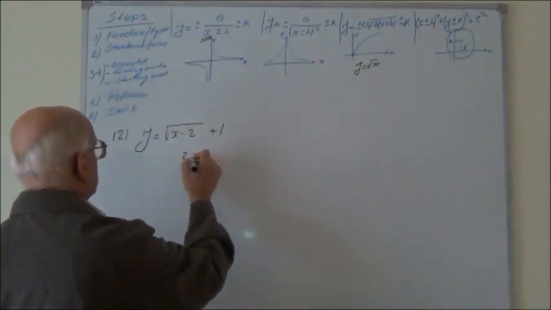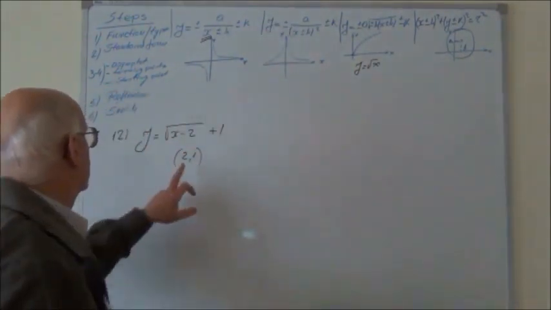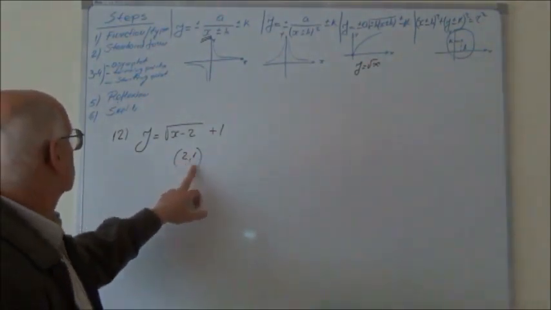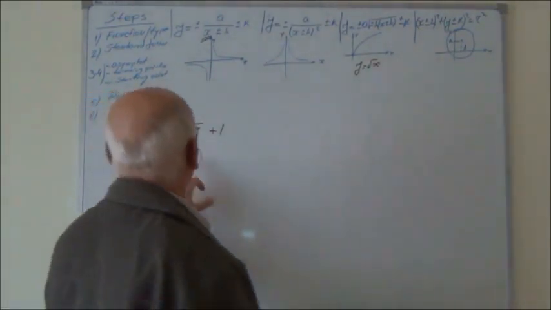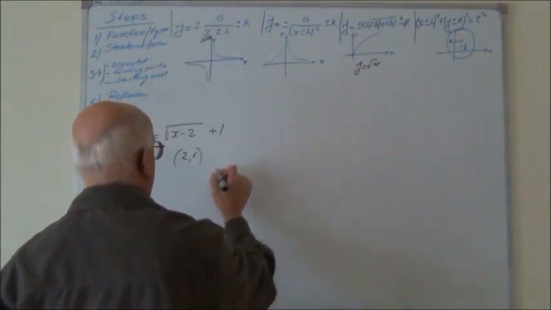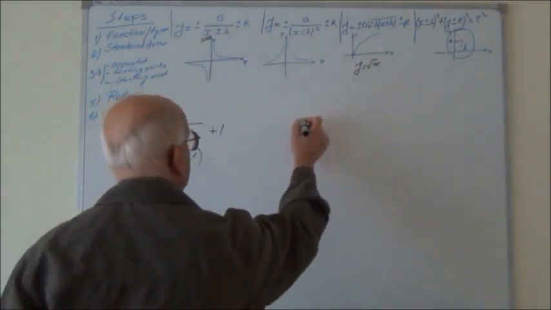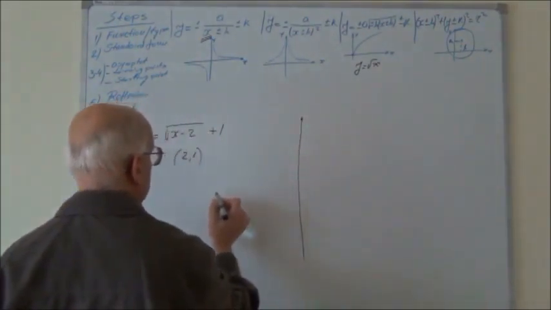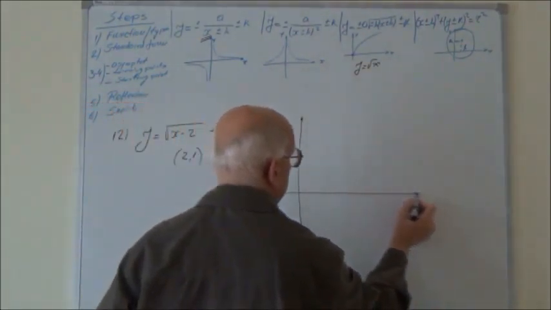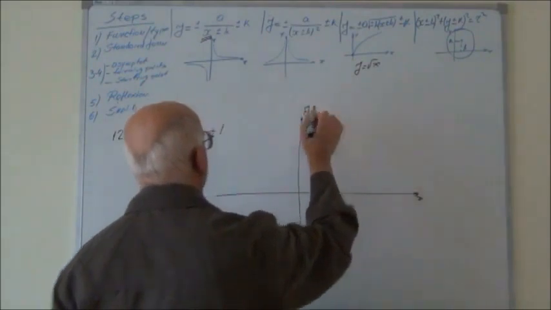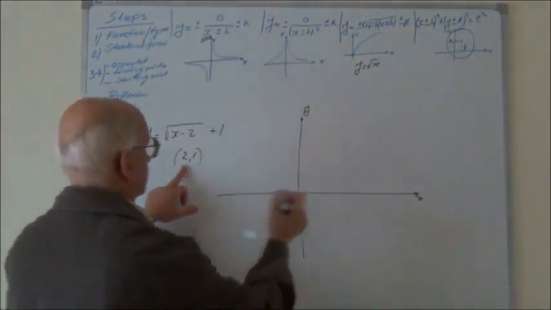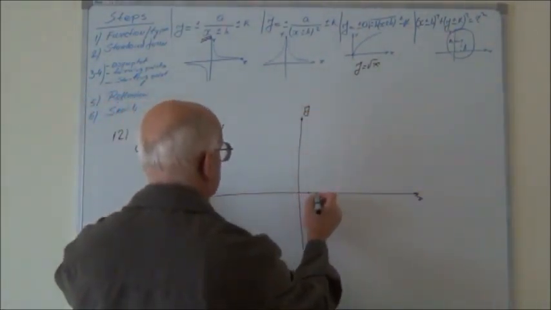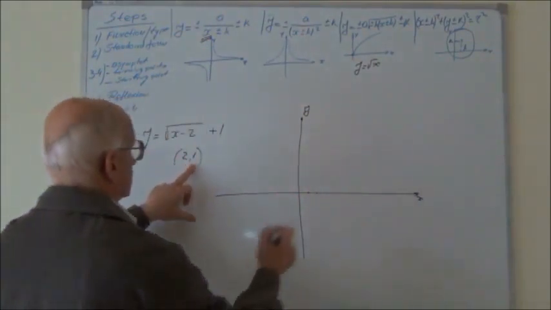So the coordinates of our starting point will be 2 on the x-axis and 1 on the y-axis. Now we can mark that point: 2 on the x-axis and 1 up.